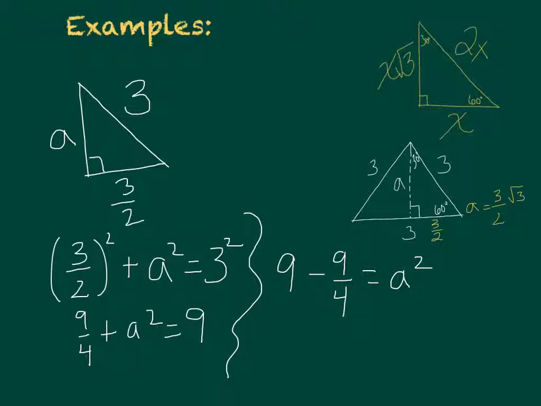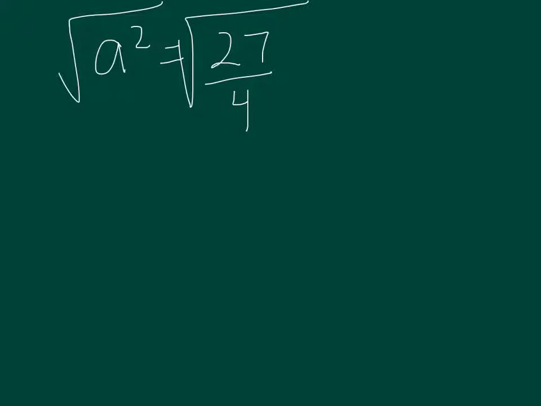And when we do 9 minus 9/4, that's the same as 36/4 minus 9/4, and so we get 27/4 is equal to a squared. We're going to have to take the square root of both sides. I'll continue the work. A squared is equal to 27/4, and we have to take the square root of both sides.